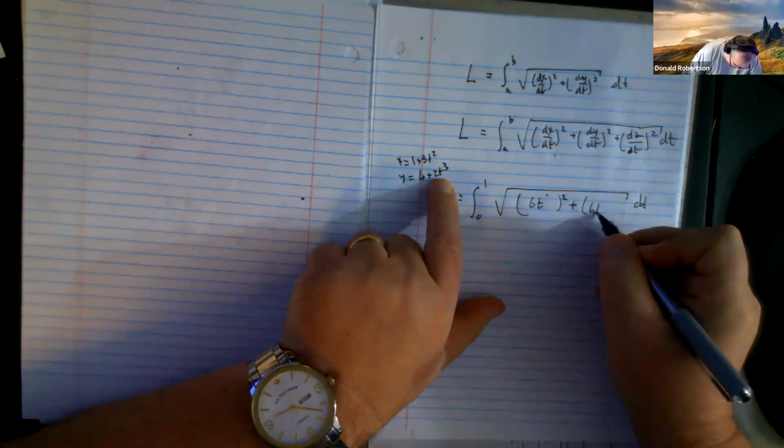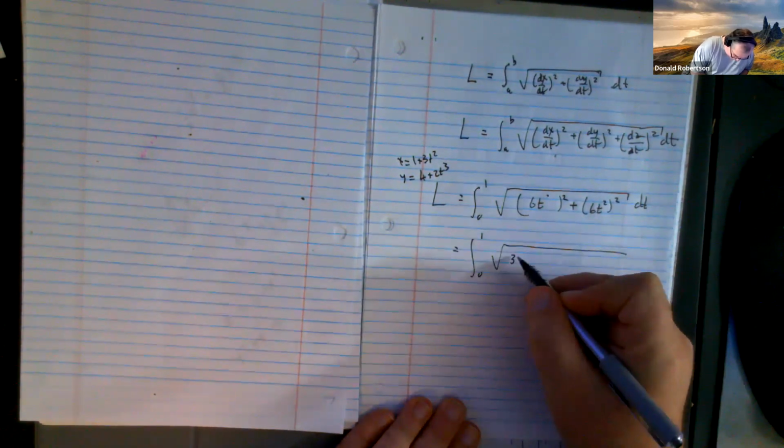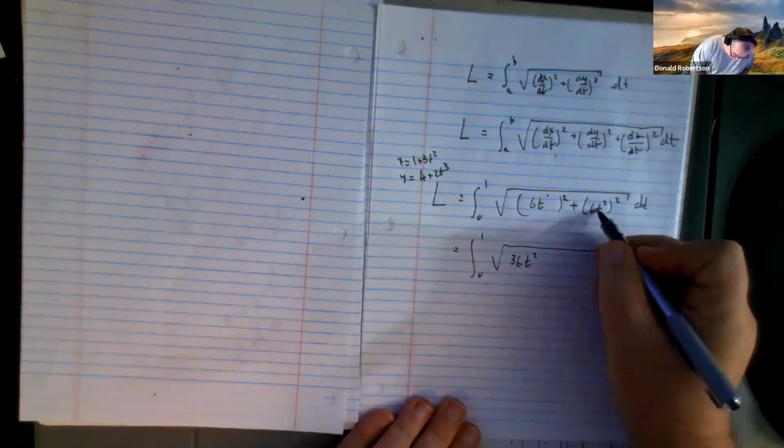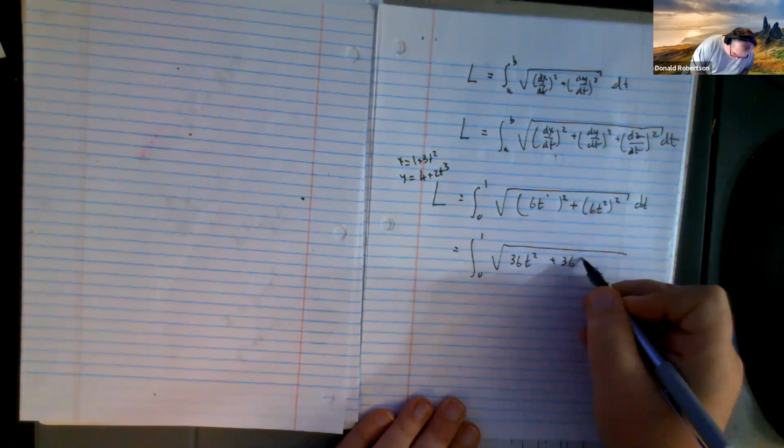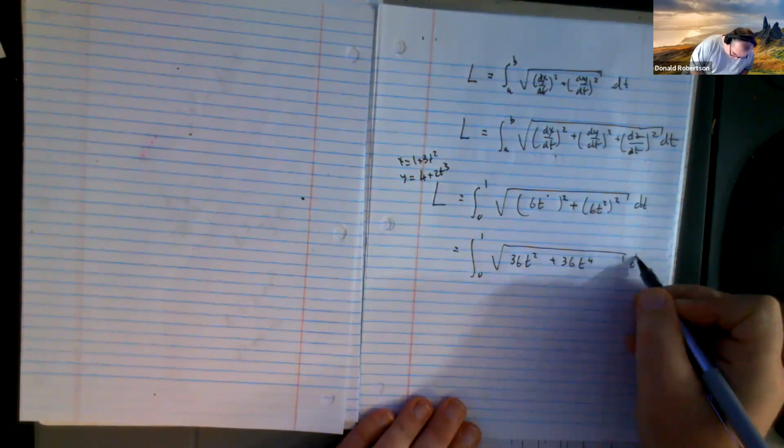So if you differentiate that guy, I believe you get 6t squared, then you square it. Now we've got the integral from 0 to 1. If you square this guy, you get 36t squared. If you square this guy, you get 36t to the 4. And we're looking at that.